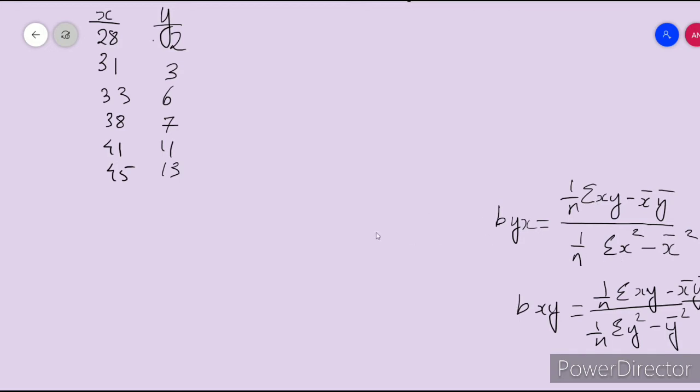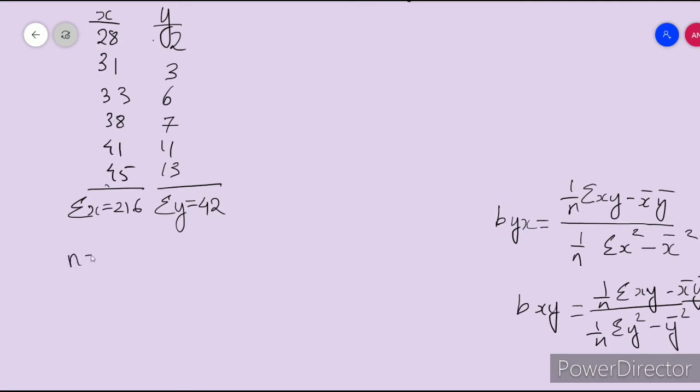So we need to find the mean, which means we have to take the summation of these x values. This gives us 216, and the summation of y values gives us 42. We also need the mean values, so how many pairs are there here? 1, 2, 3, 4, 5, 6 pairs.